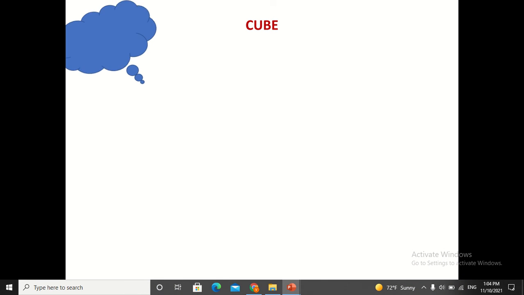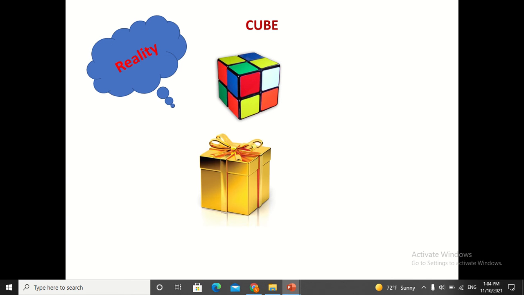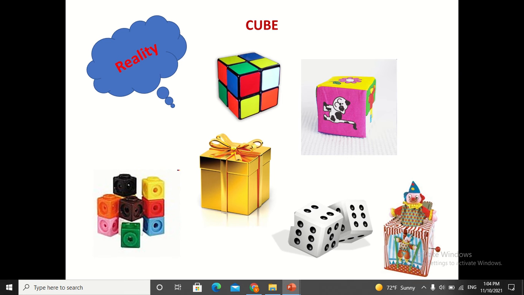Cube. In our life, can you name 5 things that have a cube shape? Rubik's cube, yes. Gift box, yes. The dice and toys.